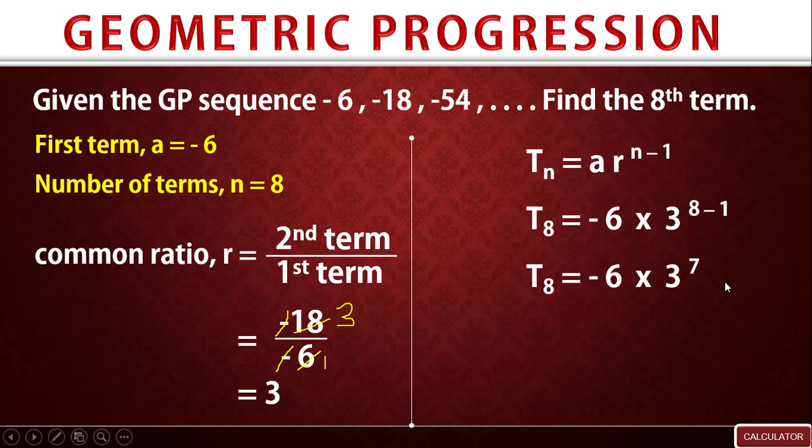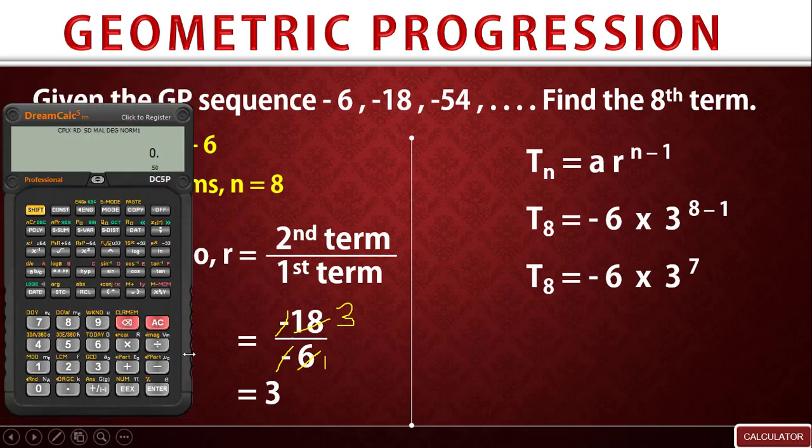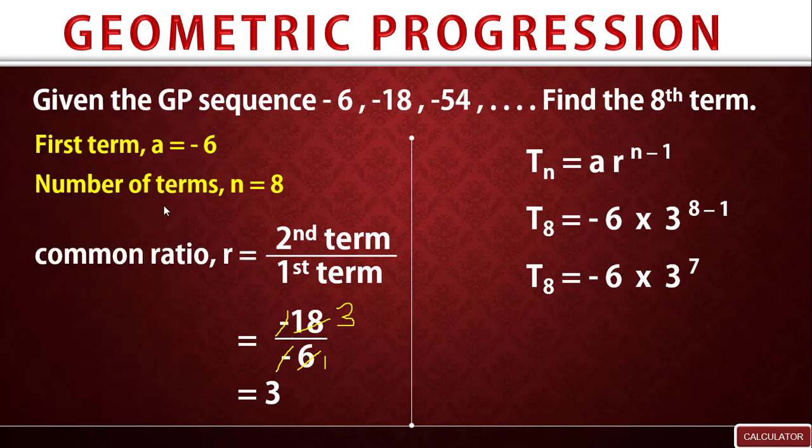Okay, now, so let's try to work out this 3 raised to the power 7 using our calculator. So we have 3 exponential of raised to the power 7 equals to, that gives 2187. That's 2187. You've gotten that. So we have our T8 equals to minus 6 times 2187.